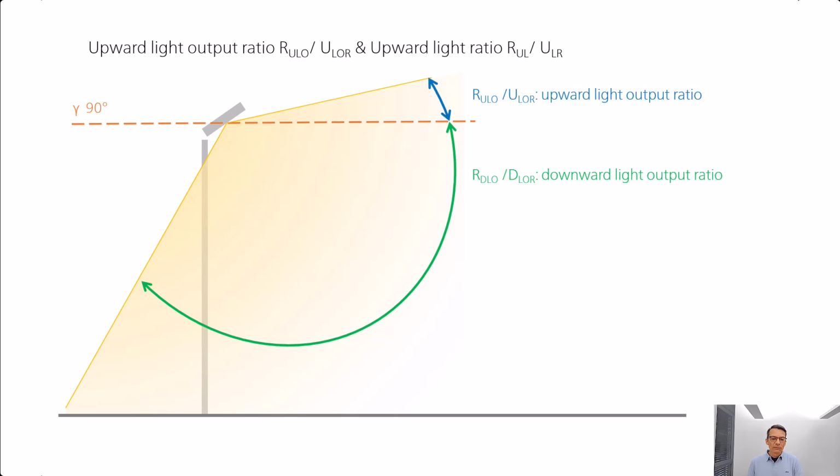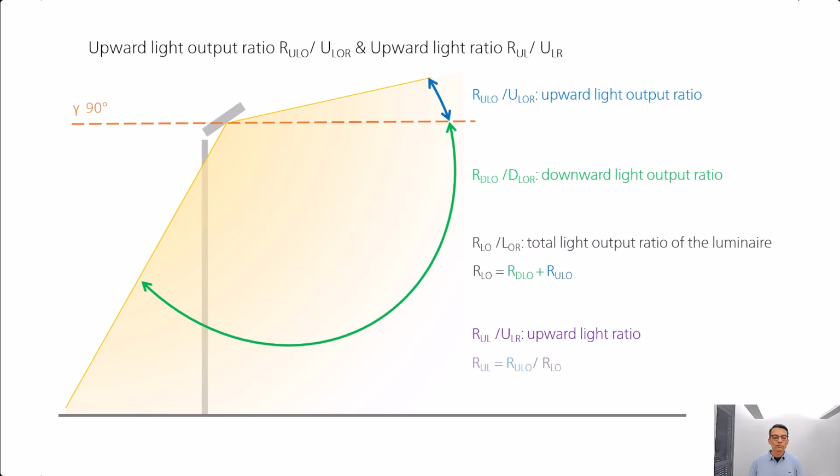Both together, downward light output ratio and the upward light output ratio, are referred to as total light output ratio, RLO or LOR. Then we may calculate the ratio of the upward light output ratio to the total light output ratio. This is called upward light ratio, RUL or ULR.